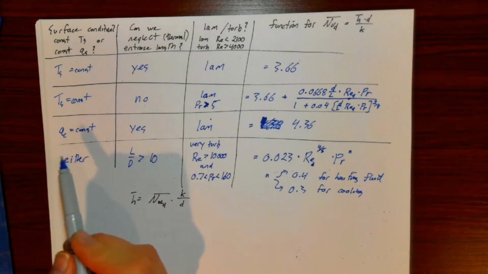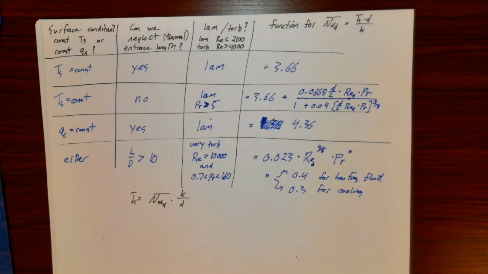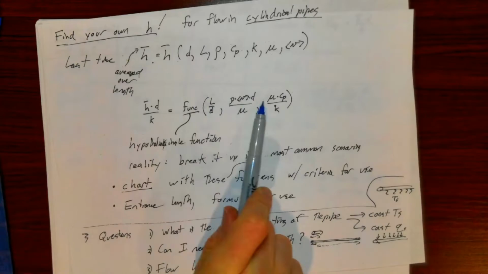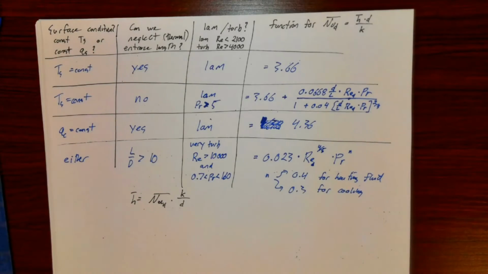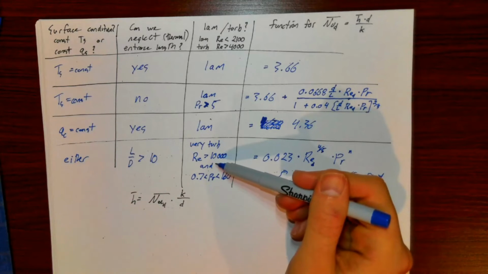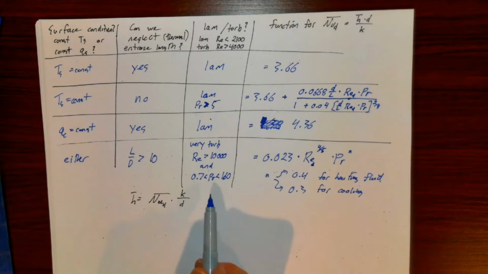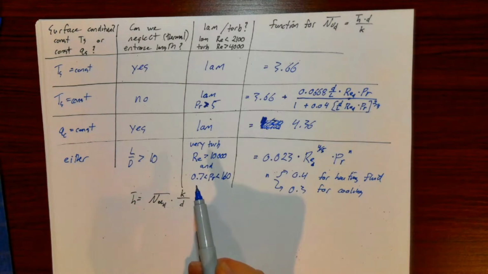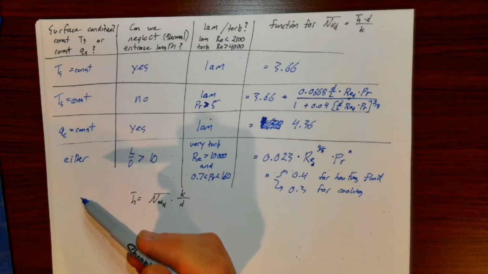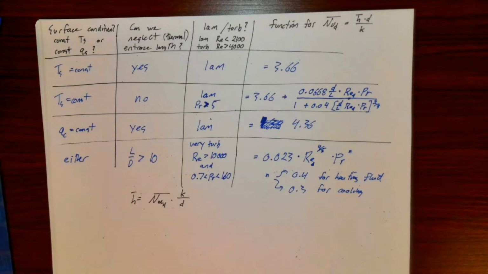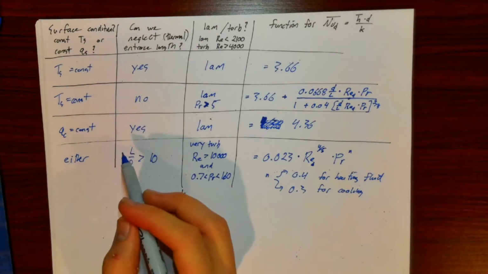So, does this cover all possible cases of the inputs to this function? No, right? There are holes, right? We don't have something for Reynolds number in between 2100 and 10,000, nor do we have things outside of the range of some of these Prandtl numbers, nor do we have ones for cases where we have some heating besides constant surface heat flux or constant surface temperature.